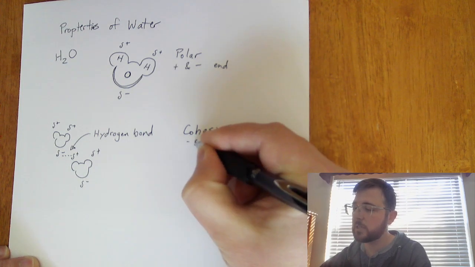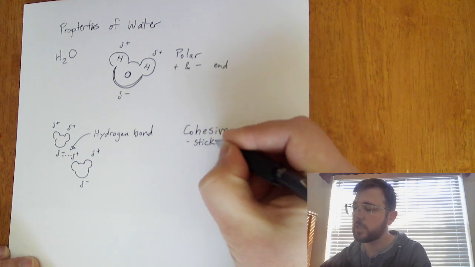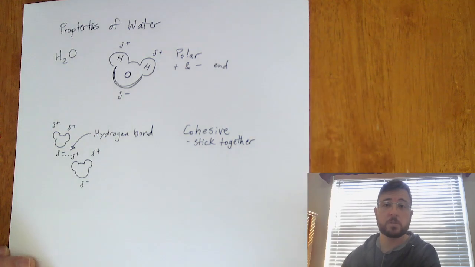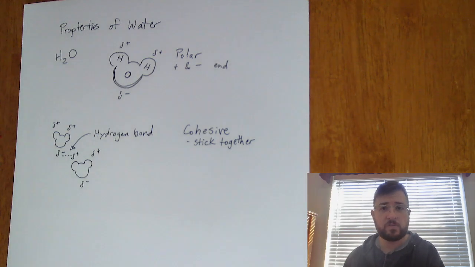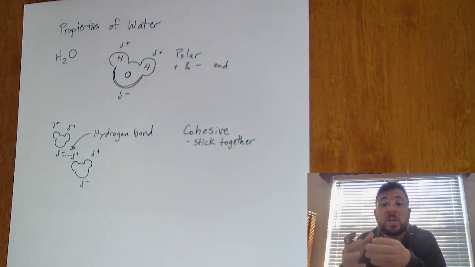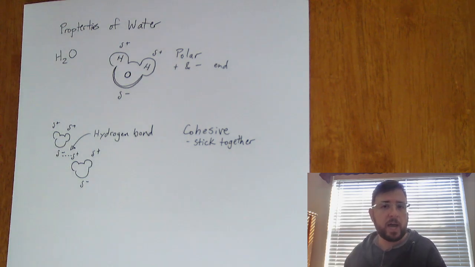They stick together. Water molecules want to stick with each other. You've seen this in nature. You see water droplets. They're all held together by these hydrogen bonds. You've seen water pooling up together if you've ever poured it out and spilled it anywhere.